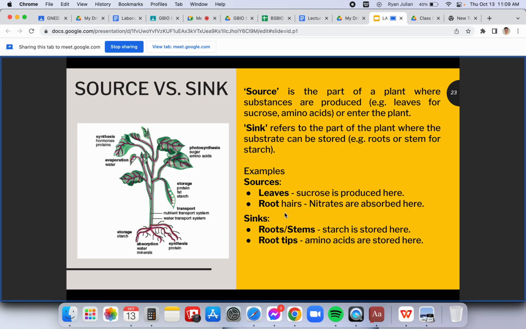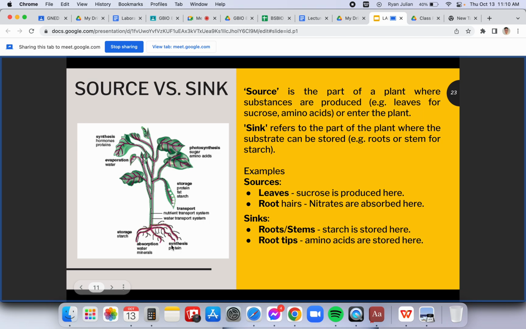What about the sinks? For the roots and stems, starch is stored here for quite some time until it undergoes photosynthesis. And for the root tips, amino acids are produced here, which is exemplified in this model that you have here. Again, for the roots, or sa ugat, it has many different responsibilities.